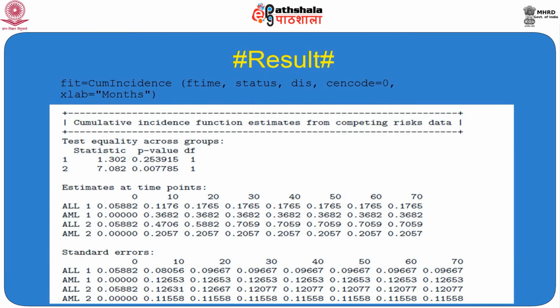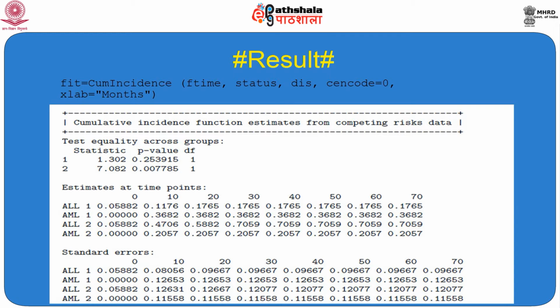Now come to the function, that is cumulative incidence. This function is useful for dealing with competing risks, and it is called as cumulative incidence with ftime, status, DIS, and cencode equal to 0. If you don't specify the cencode, by default it will take the least value as the censor code, but it is good practice to specify the censor code.